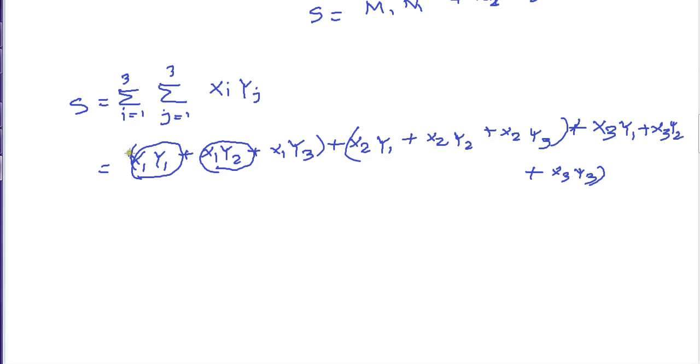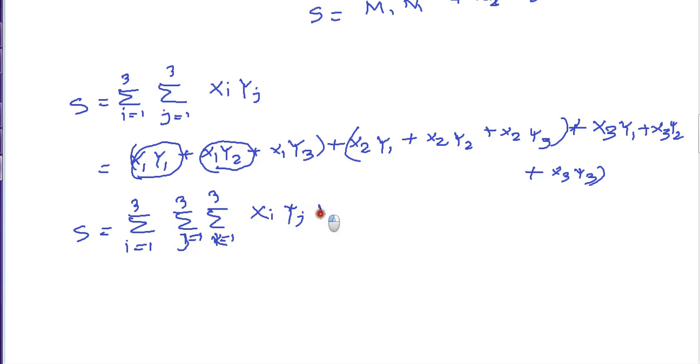If we write down the triple sum, then we have a triple summation: i equal to 1 to 3, another sum j equal to 1 to 3, and the sum k equal to 1 to 3, because we have to use 3 different indices, of x_i y_j m_k, right? So we have 3 different indices here, i, j, k.